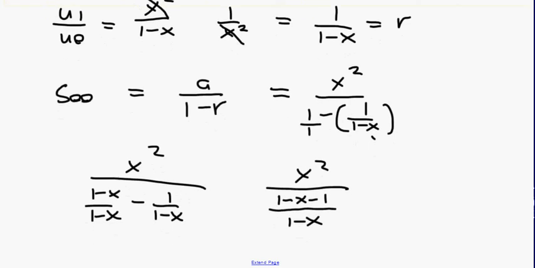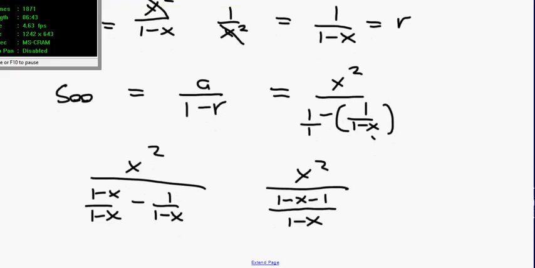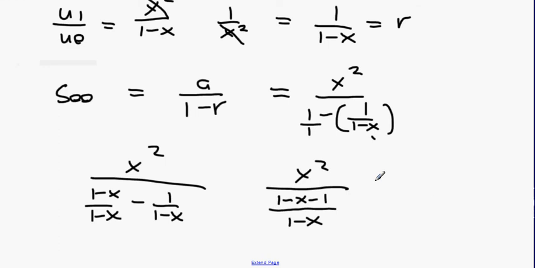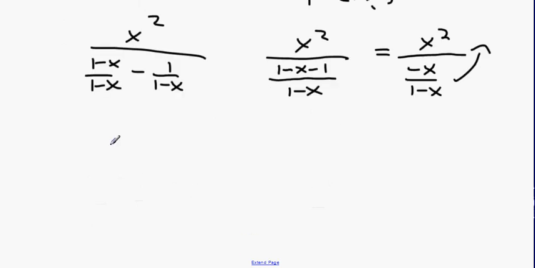So 1 minus the common ratio. So what we get here is x squared divided by, on the bottom, minus x divided by 1 minus x. We've got to bring that up, turn it upside down. So we're going to have x squared multiplied by 1 minus x, divided by minus x.